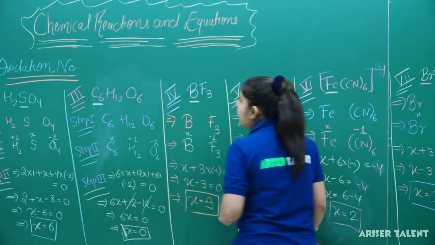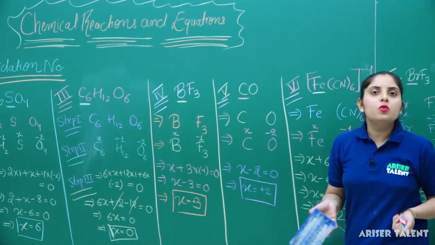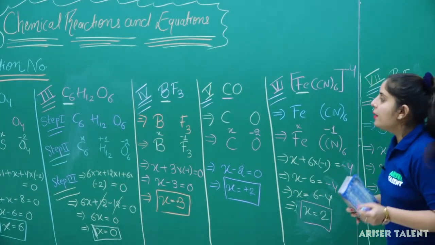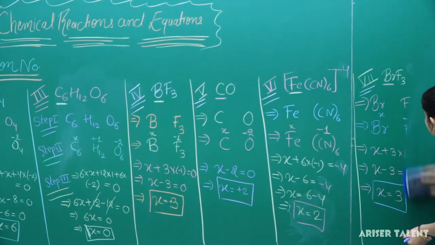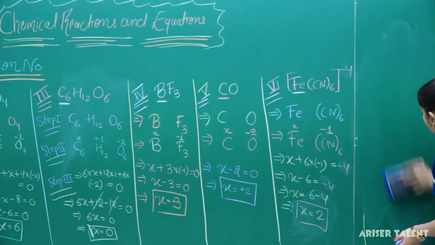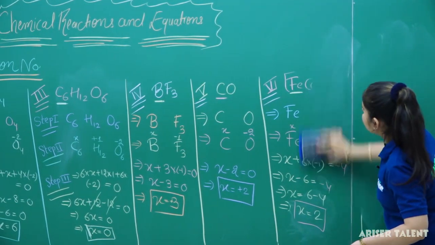Now we are proceeding to our next category of elements, so the oxidation number concept will be clear to you. Now proceeding to our next category, we have again different elements.